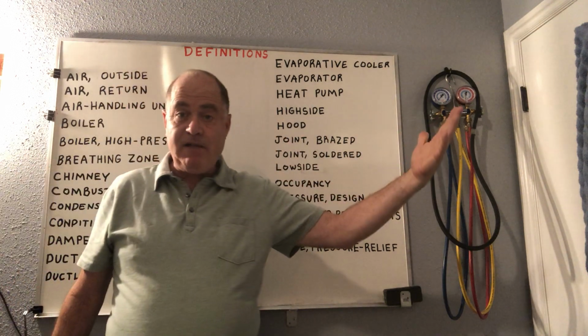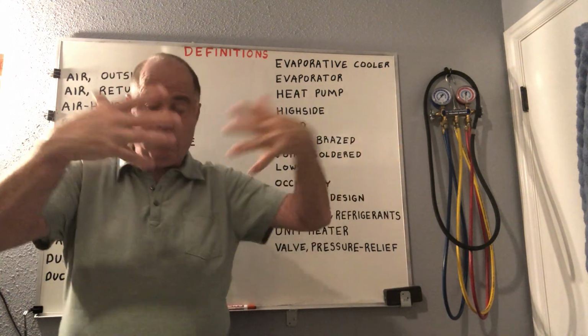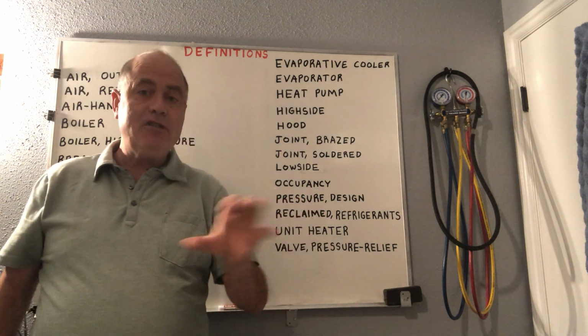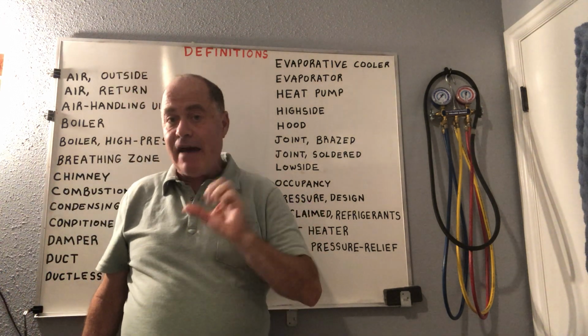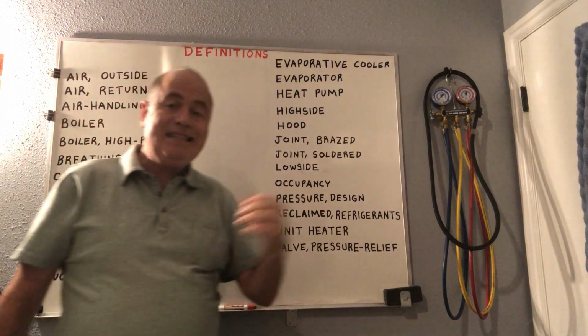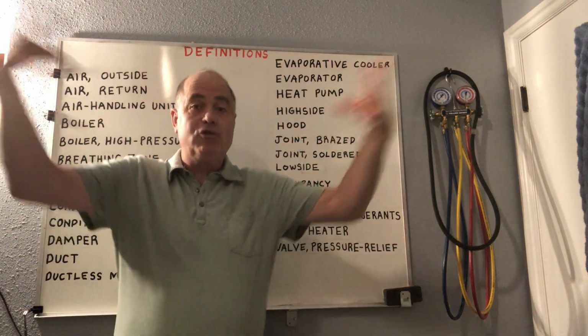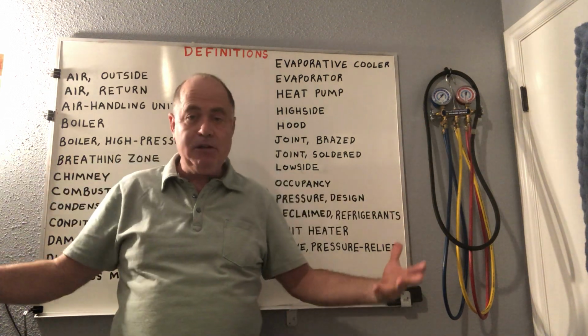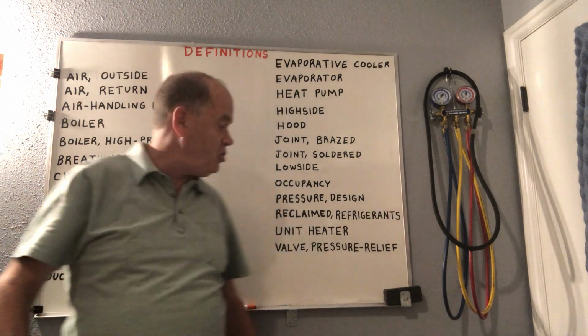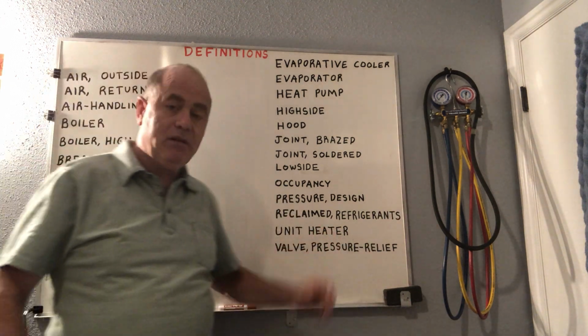Boilers have pressure relief valves so that we won't create a steam bomb. Even large air conditioning or refrigeration systems have pressure relief valves. Okay, so this is a way of safely getting rid of the excess pressure without the pressure just totally building up in a fire or something like that with refrigerant and causing a big issue. Okay, so pressure relief valve.